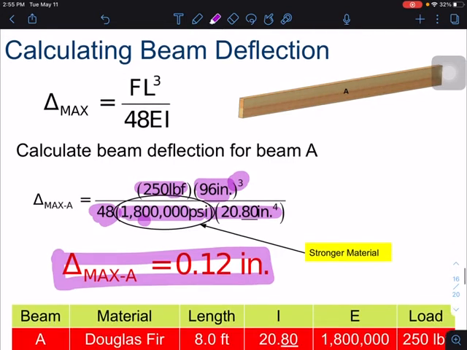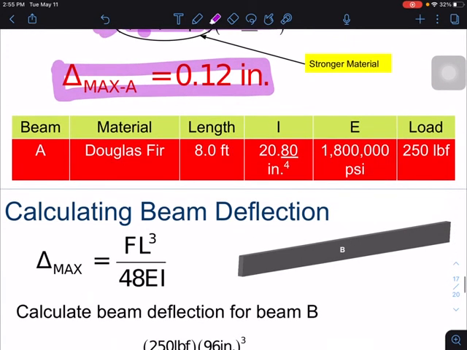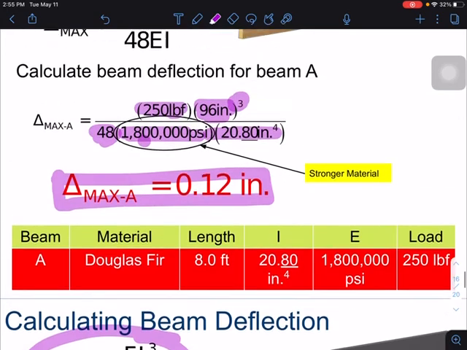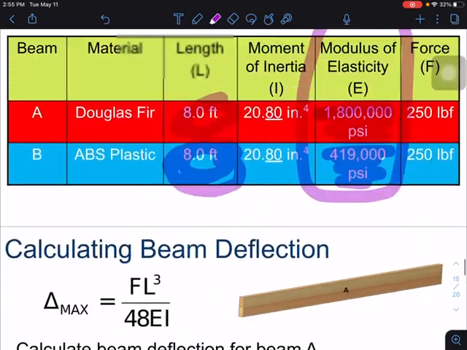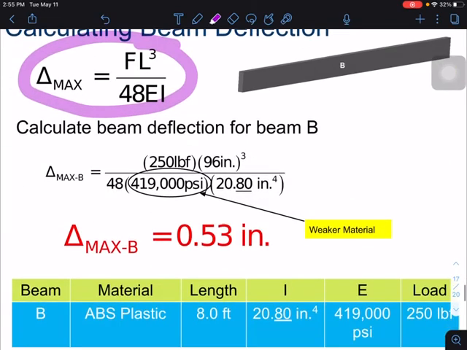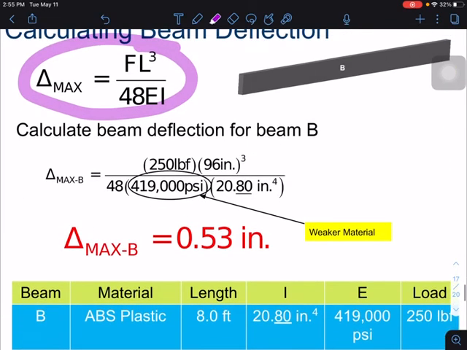Now we put the numbers into this formula again, but using the plastic instead of the wood. Everything's the same: 96 inches cubed times 250 divided by 48 times, in this case, 419,000 PSI.